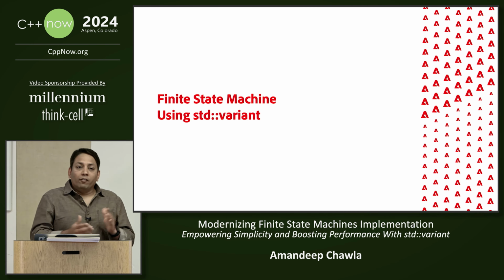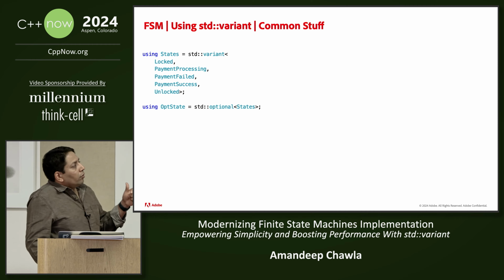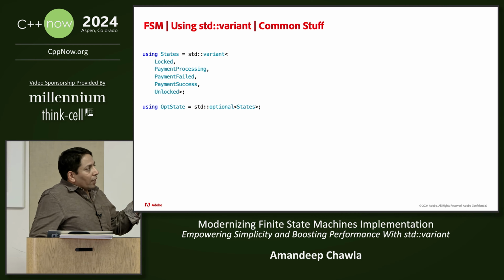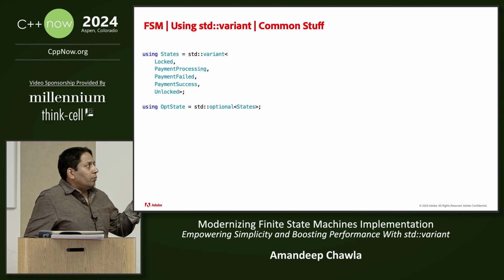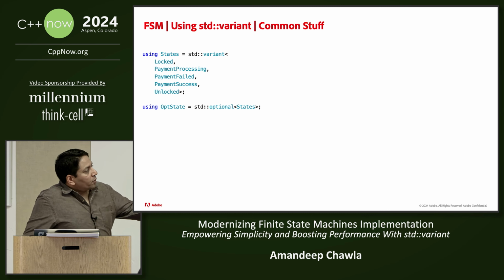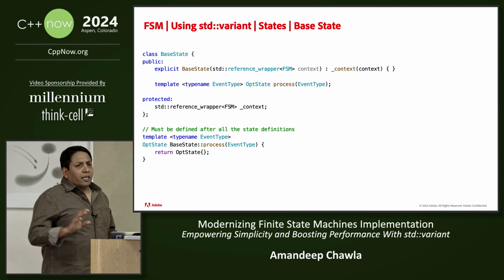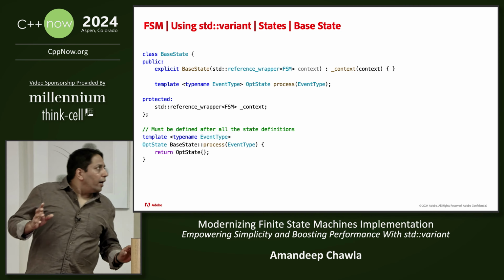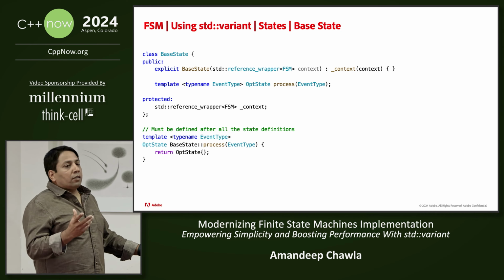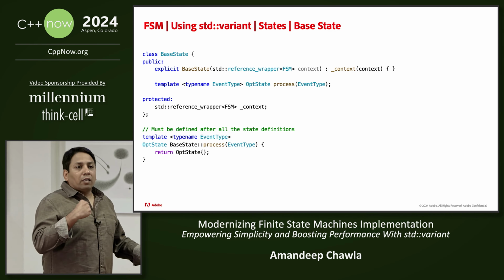Our variant is a variant of 5 class types: load, payment processing, payment failed, payment success, unload. And the optional, as I told you, will be an optional on these states. The base state is now very simple. It just has a constructor where it caches the context which was passed during construction.